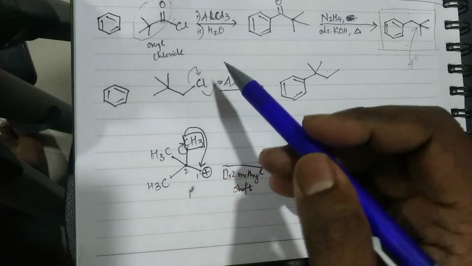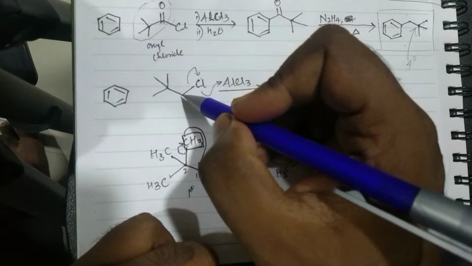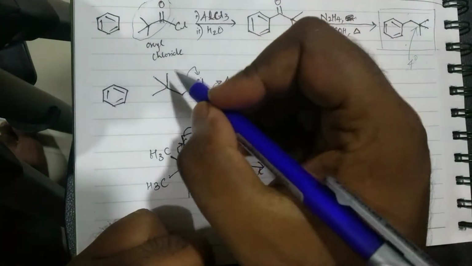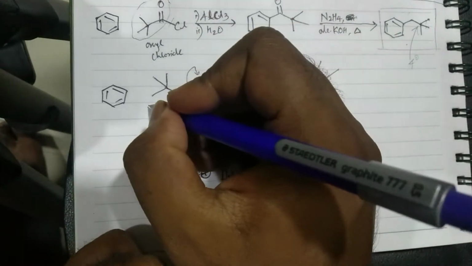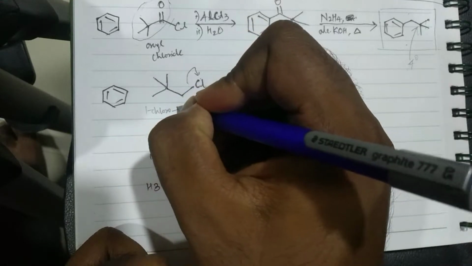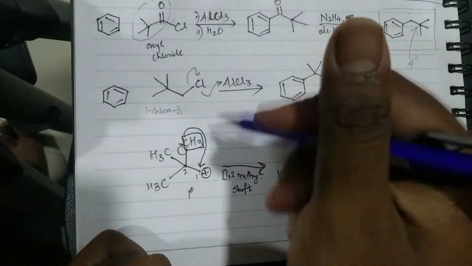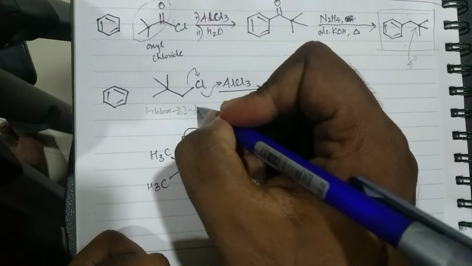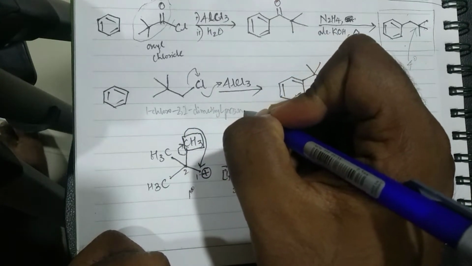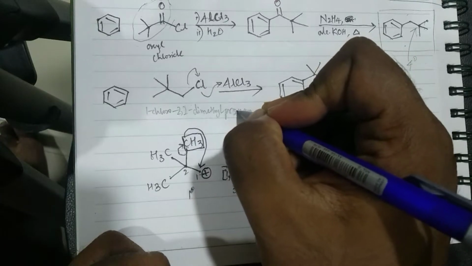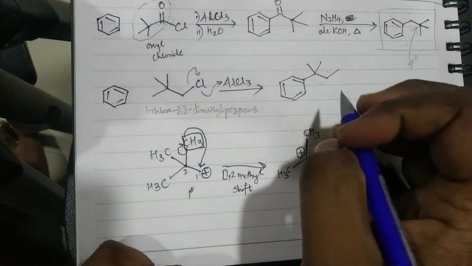All right, so if I name this 1, 2, 3, this is 1-chloro-2,2-dimethylpropane.